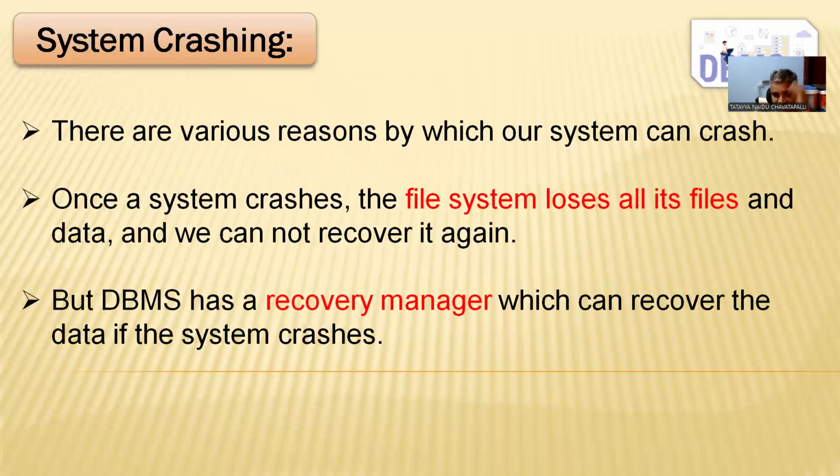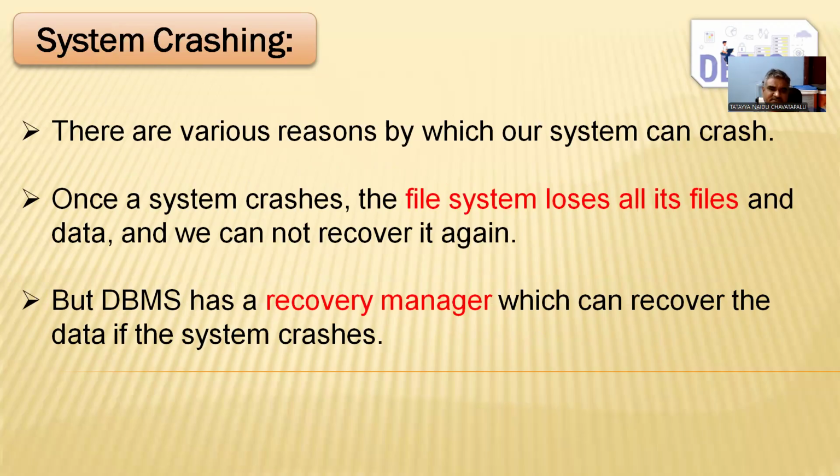Next, system crash. There are various reasons by which our system can crash. Once the system is crashed, the file system loses all the files and data, and we cannot retrieve it again.